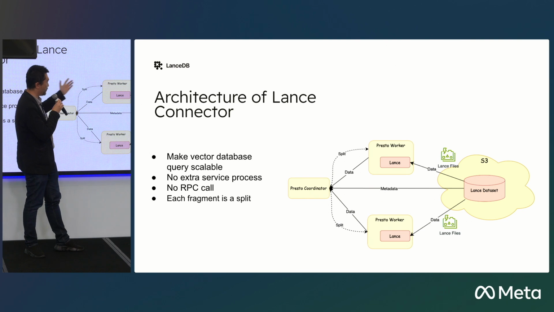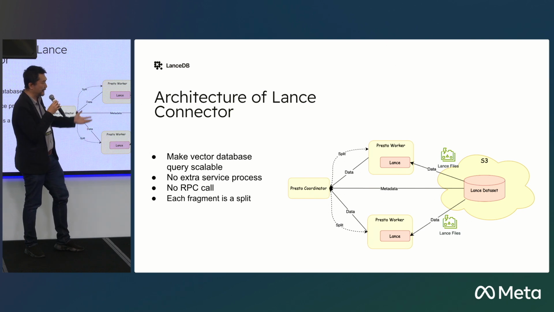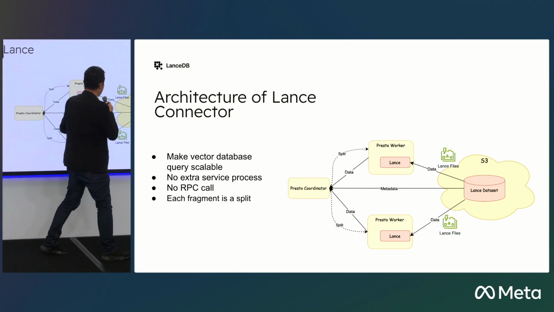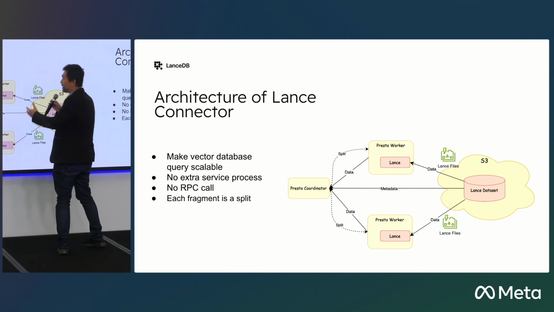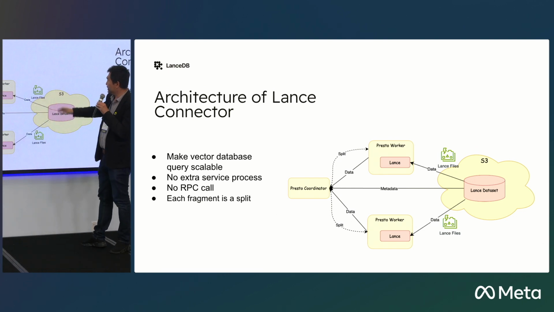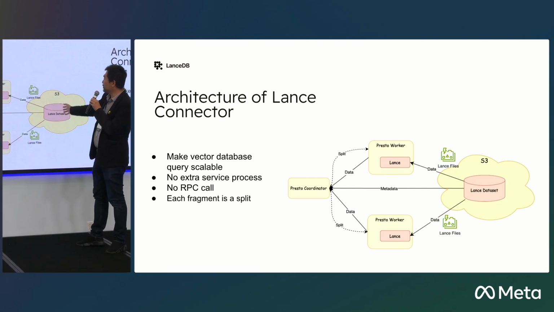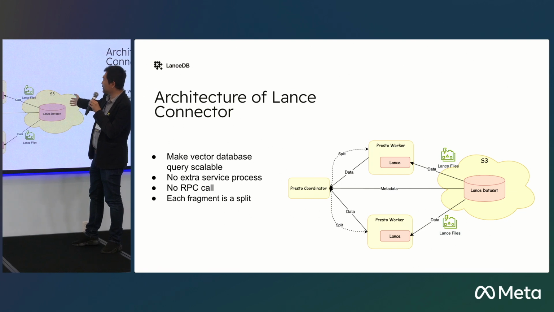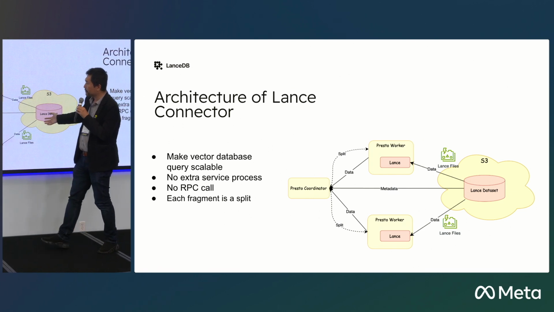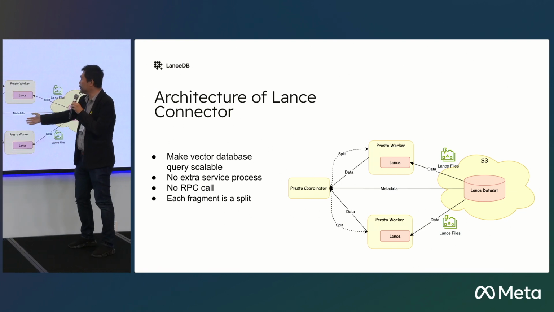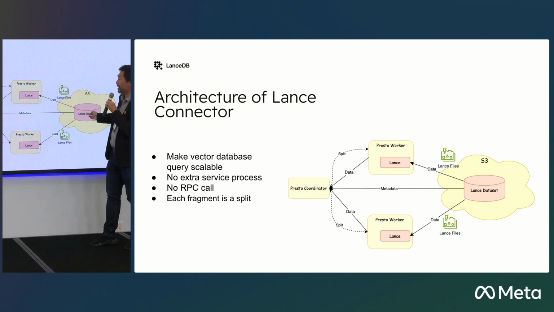We just use pure Java, and you don't really need anything like a catalog service, or to start another database service. You can just put your Lance files in cloud storage, S3 or whatever, and Presto will get metadata from your Lance dataset.